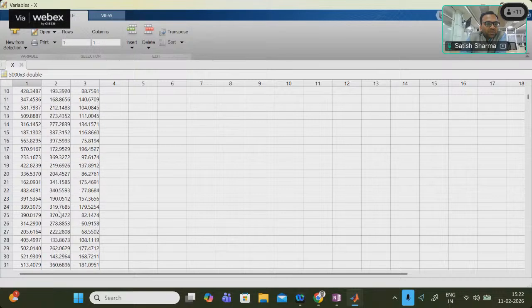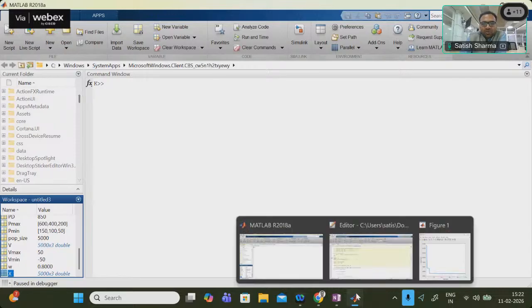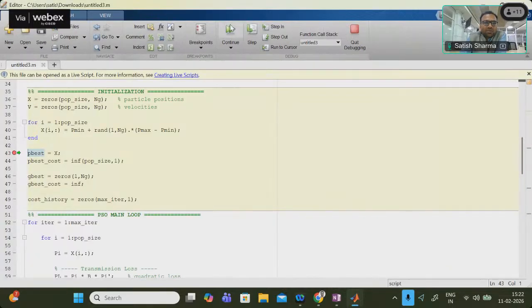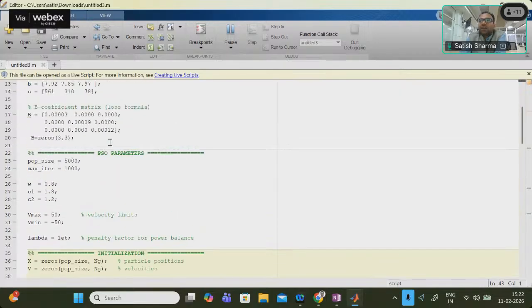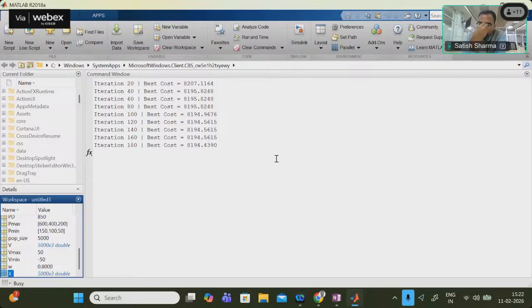Some different values have been created between the maximum and minimum limit, and if I run it continuously, I will get some different solution. This time the number of population is higher, and let's see whether we will get the solution or not. Okay, so it will take time.